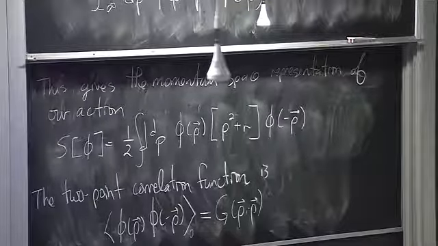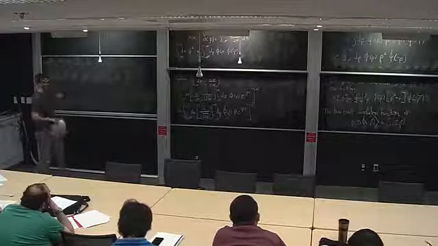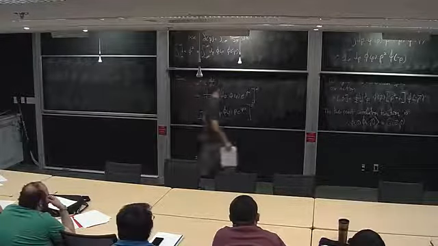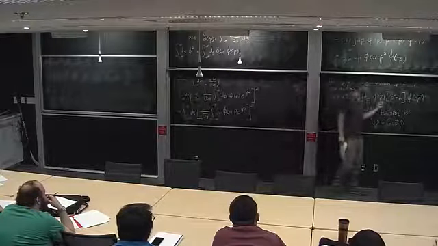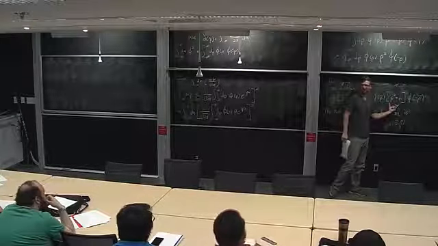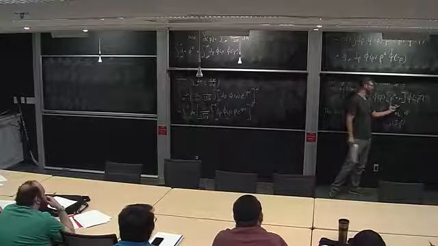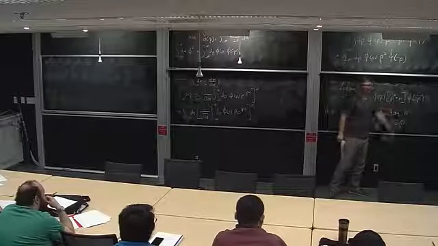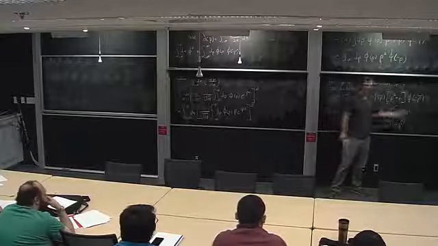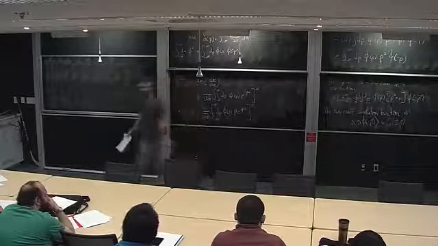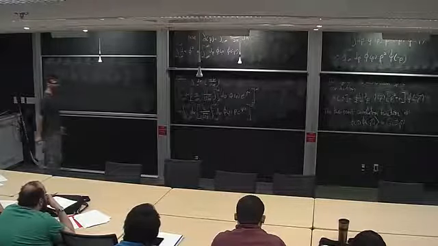So by definition, that thing is the inverse operator, remember? This is your A, and this is your J. This is your A inverse. So you just need the inverse of that operator. And that's what your momentum space G is.